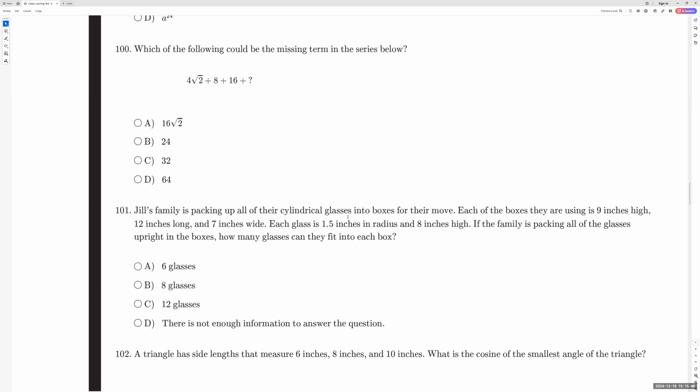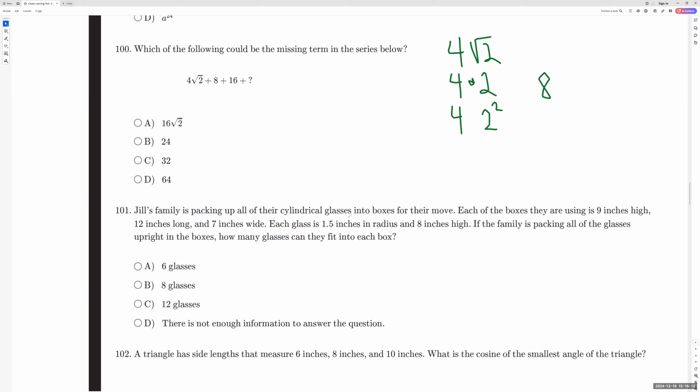So in the meantime, I see that this series, if I place it like a list like this, I have 4 times the square root of 2. Then I have 4 times 2, really, which is 8. And then I have 4 times 2 to the second power.